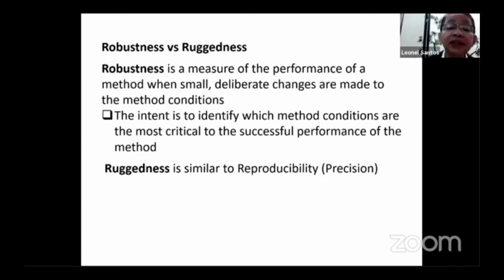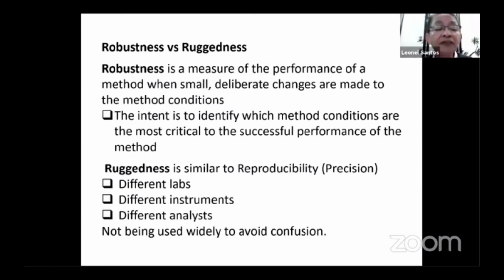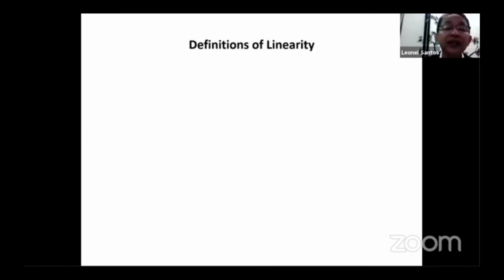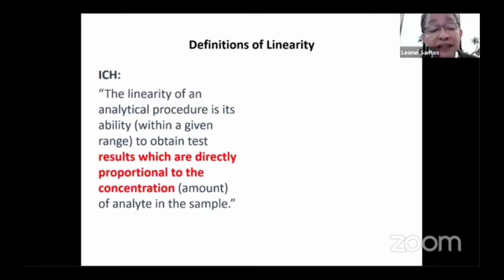Ruggedness, however, is a precision term. It is similar to reproducibility. These are different labs and different instruments, and it is not being widely used because it results in confusion at times.